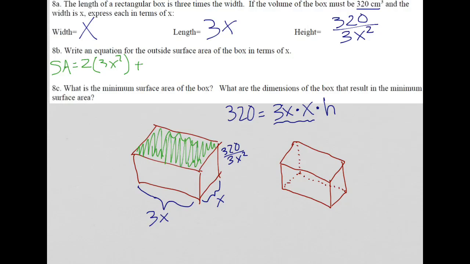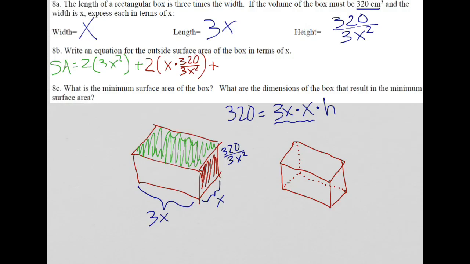And then I'm going to add to that the area of this side of the box, and again, there are two of those. So that's going to be 2 times the width, x, times this ugly fraction, the height, which is 320 divided by 3x squared. We'll simplify it later.